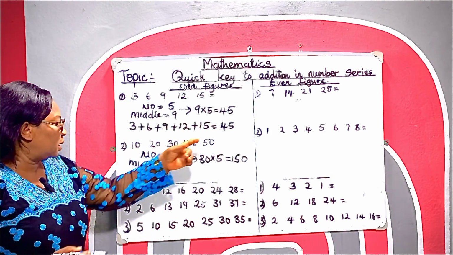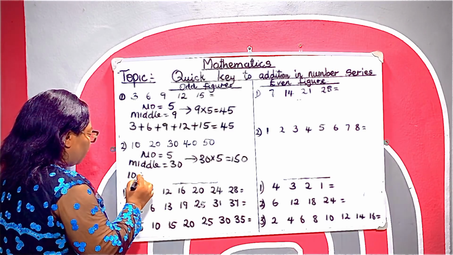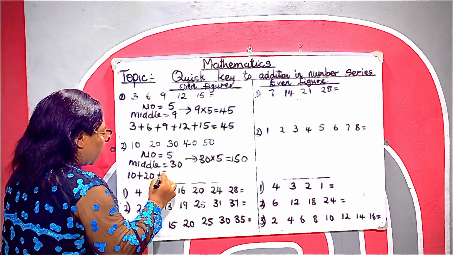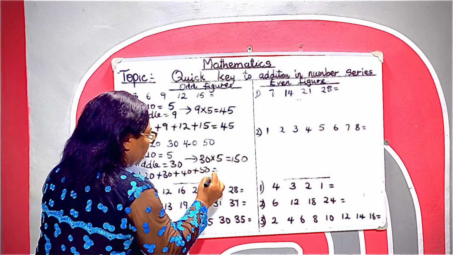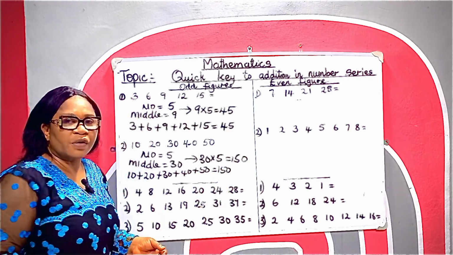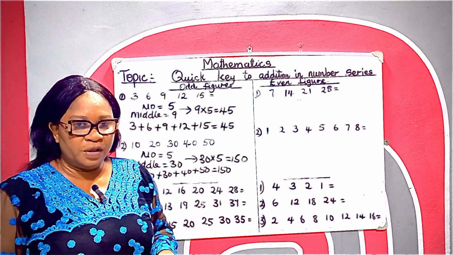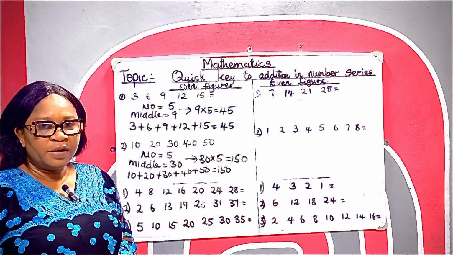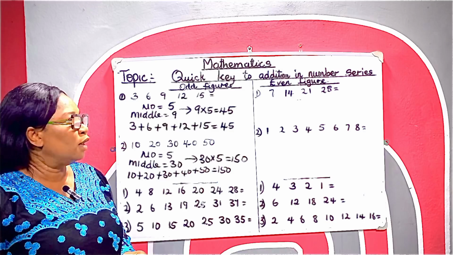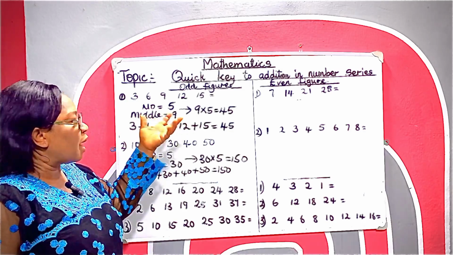When you add all of these, 10 plus 20 plus 30 plus 40 plus 50, that will give us 150. Quick key. These numbers are odd.